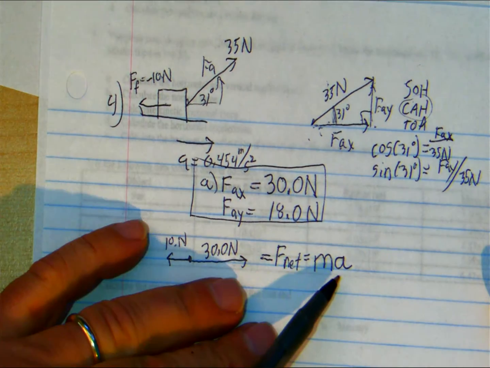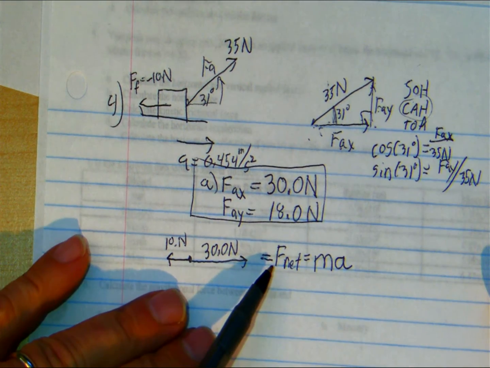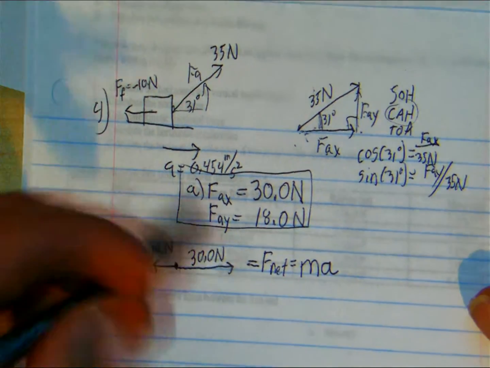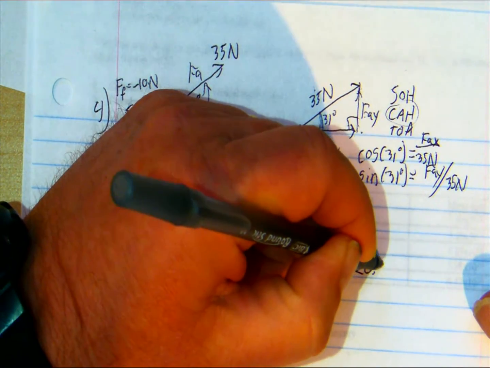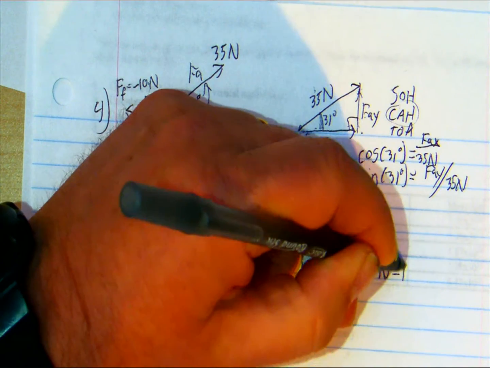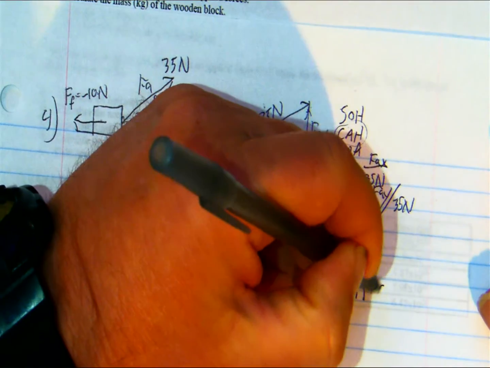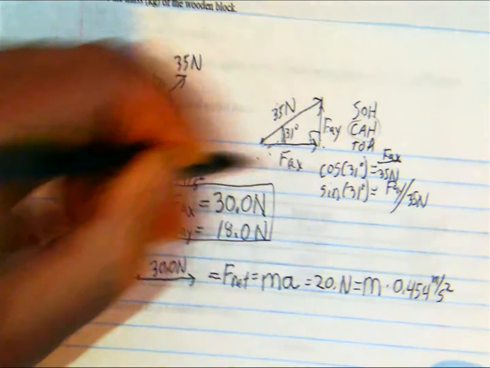But its acceleration is known, and the net force is now knowable. So if it's 30 newtons to the right and 10 newtons to the left, the net force is 20 newtons. The mass is unknown, but the acceleration is given as 0.454 meters per second squared.